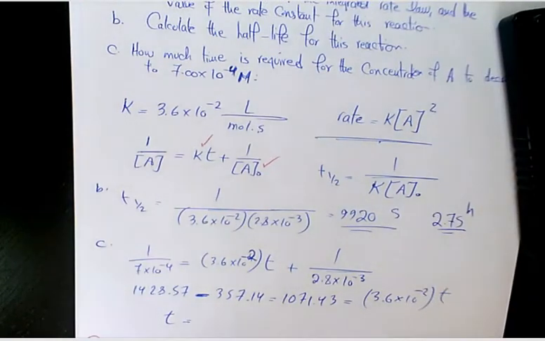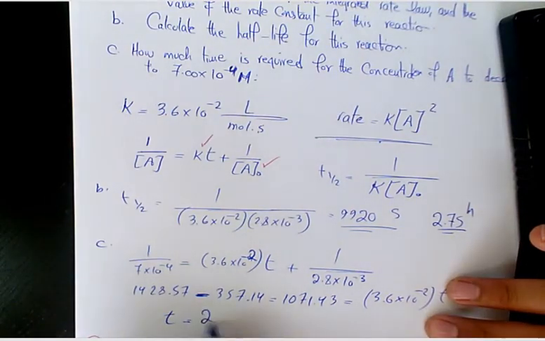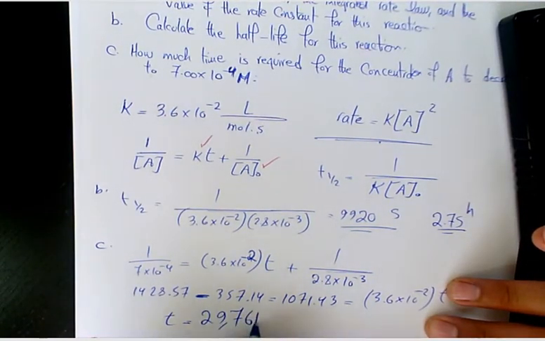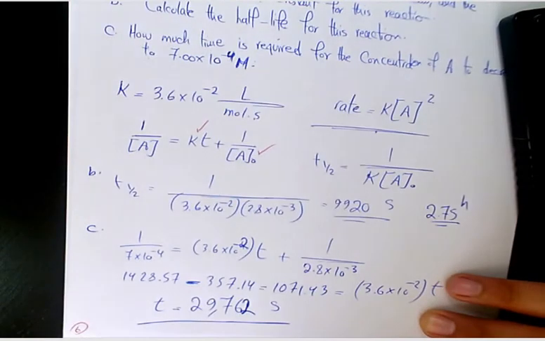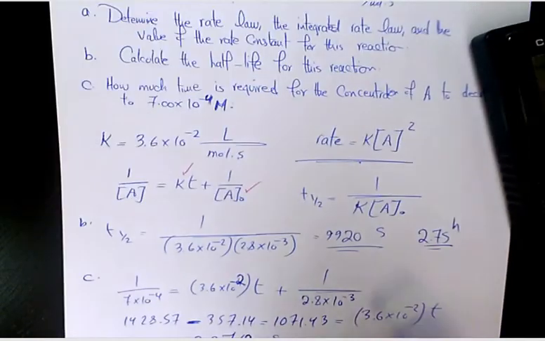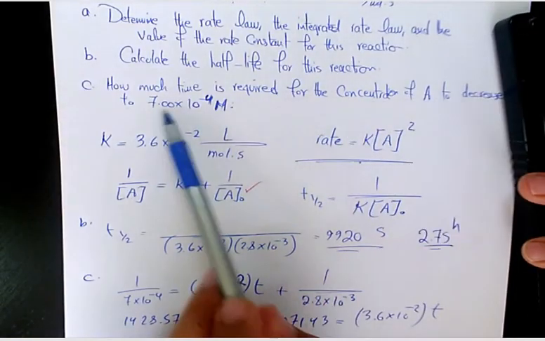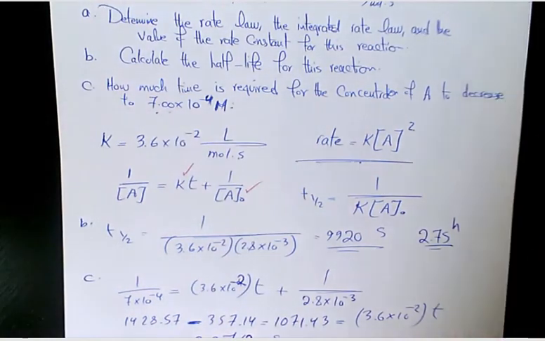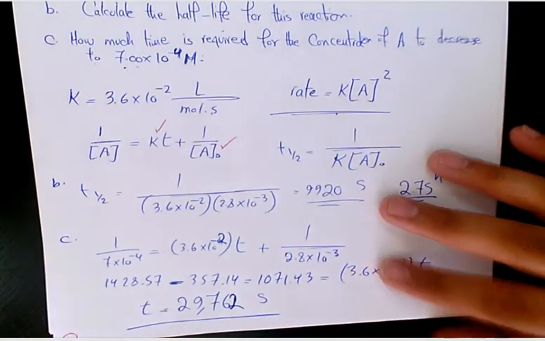So time will be 29,761, or 62 if you round it, seconds. So that's going to be the time it takes in order for the concentration to drop to 7 times 10 to the power of negative 4.